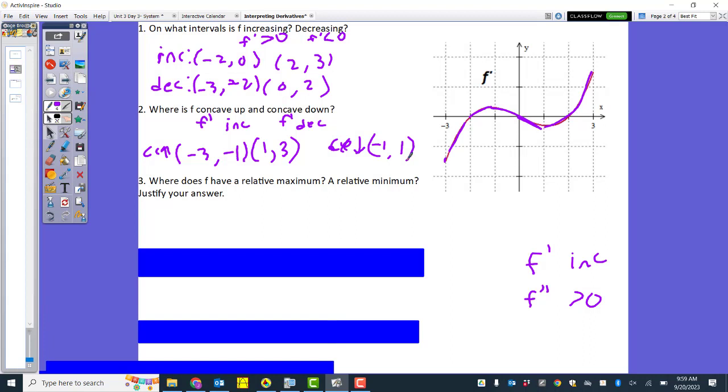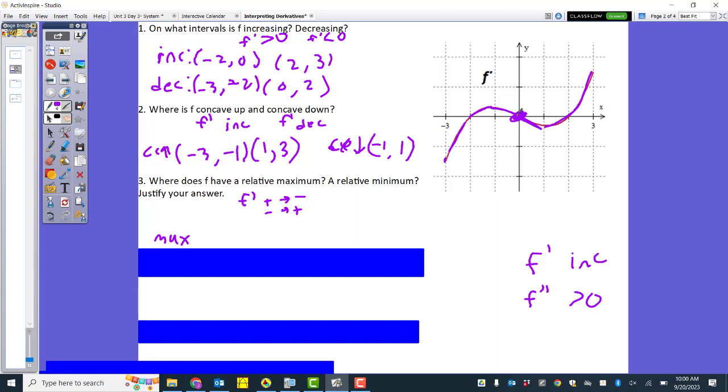Where does f have a relative maximum or a relative minimum? Remember, f is going to have a relative maximum or relative minimum when f prime changes from positive to negative, or from negative to positive. So we have a relative max when f prime changes from positive to negative. That happens right here.